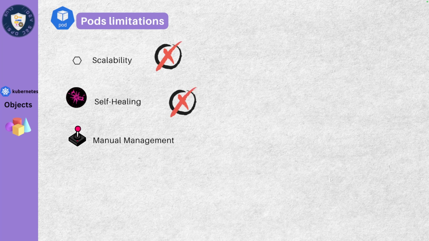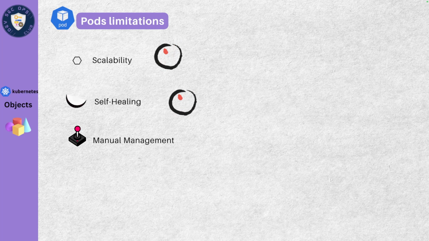For example, in a production environment, we create one or two replicas of our application, right? So we create one or two servers instead of just one server, just in case any issue or problem happens, so the other server can take over, or fail over, kind of. So scalability is the problem. If you need more pods, you have to do that manually.